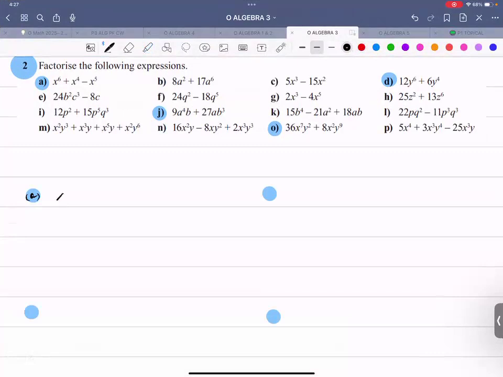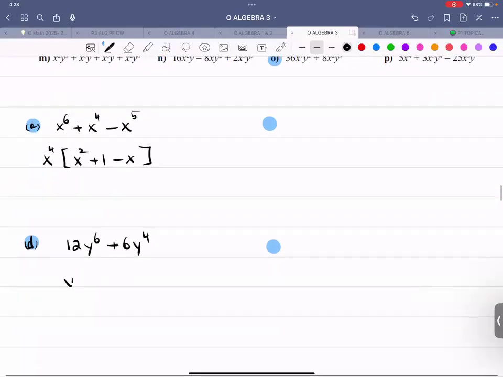Part A, x power 6, x power 4 minus x power 5. I think we will take x power 4 common out. The highest common factor, x square is left, 1 is left, x is left. Part D, this is 12y power 6, 6y power 4. This is y power 4 taken common out, 6 is taken common out.